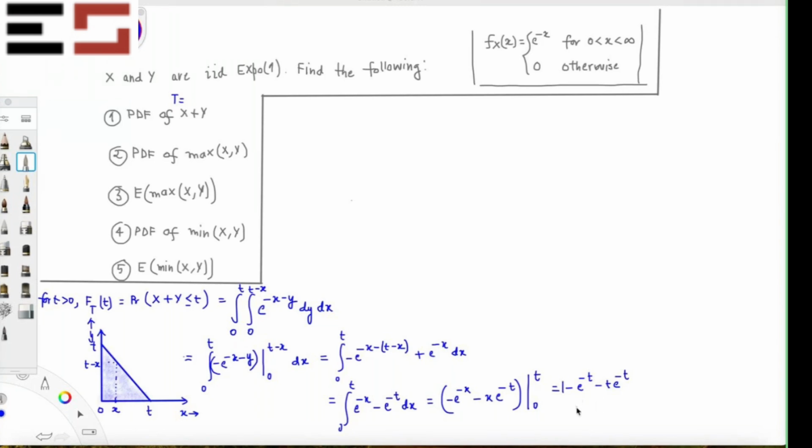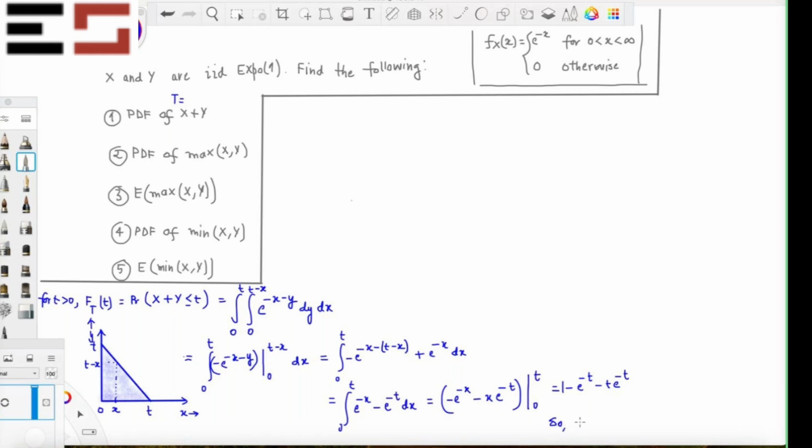Now, what is the PDF of t? The PDF of t is the derivative of this, right? So the derivative of this is e to the power minus t, and what about this? e to the power minus t minus e to the power minus t plus t into e to the power minus t, right?